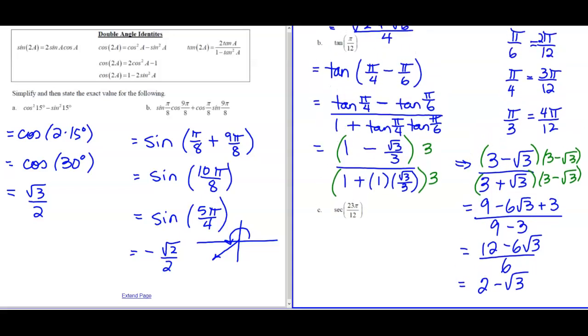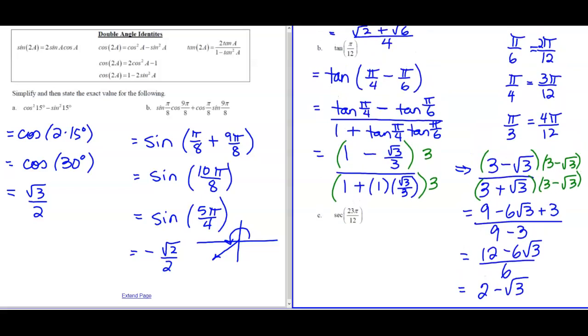Now, if you still have this, you can use it to help you get 23 pi over 12. So that one is bigger, right, than adding just two angles together. What does 23 over 12 go to?